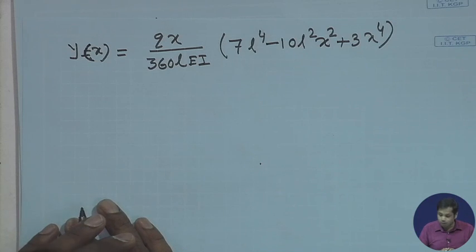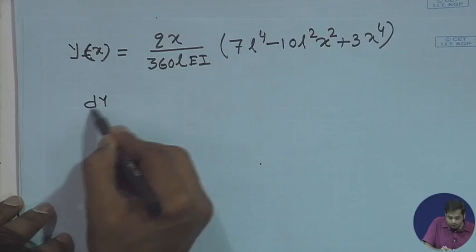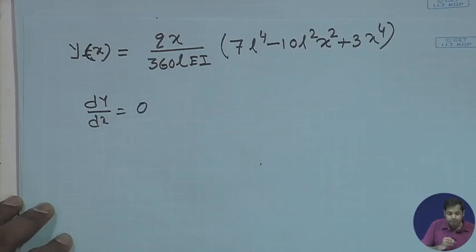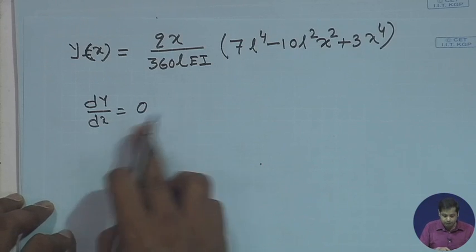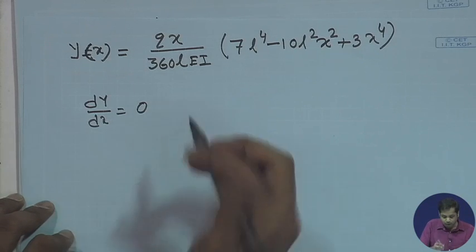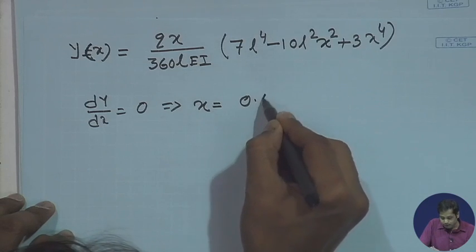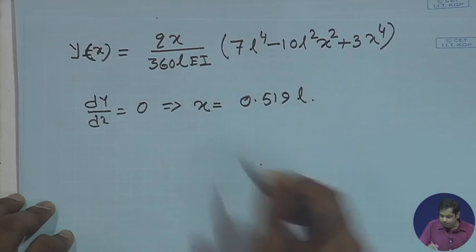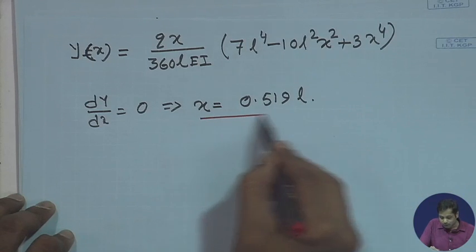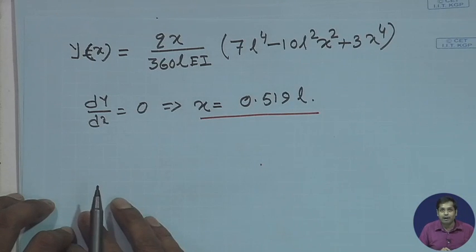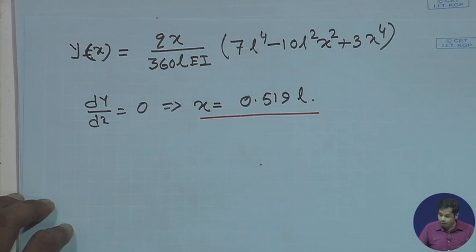Now, let us find out where y will be maximum. How do you get it? dy/dx is equal to 0, the slope will be 0. If you set dy/dx equal to 0, this gives us x equal to 0.519L, meaning at x equal to 0.519L, y will be maximum.